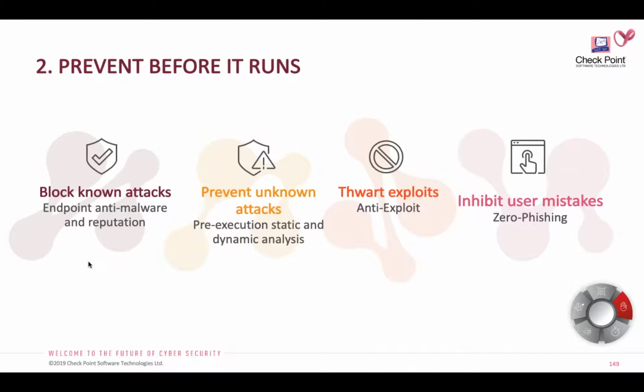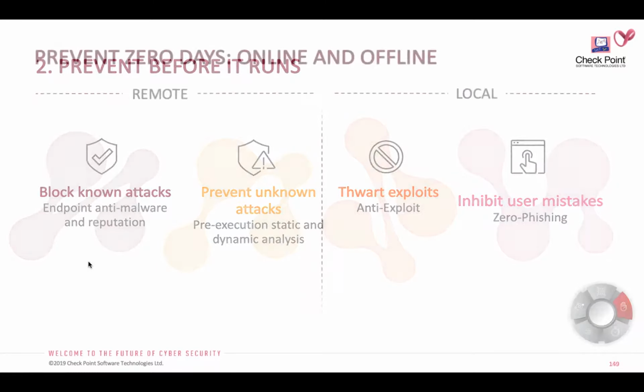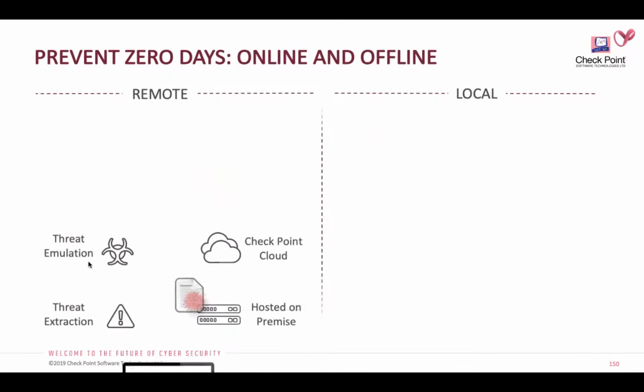Then additionally, you can thwart exploits by using anti-exploit module, in which it'll be able to use a combination of both threat extraction and threat emulation. And finally, you can inhibit user mistakes by turning on your zero phishing blade. So the moment you turn on zero phishing blade, it would be able to detect and prevent the phishing attacks. It could be spear phishing attack, or it could be bulk phishing attack, right?